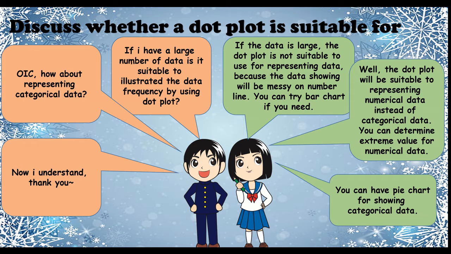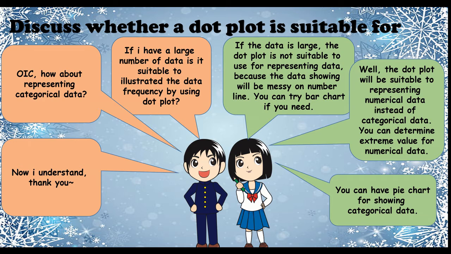We got two things. First, if the amount of data is too much, like I got 100 data, can you imagine putting 100 dots on your number line? Is it very messy? Yes? So if you got 100 data, you can just try your bar chart.